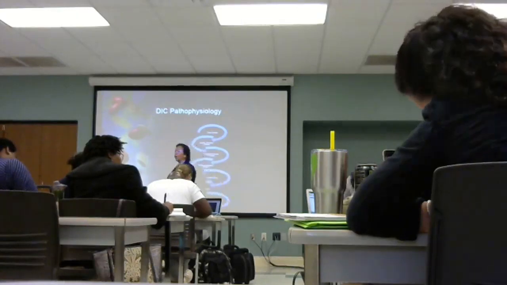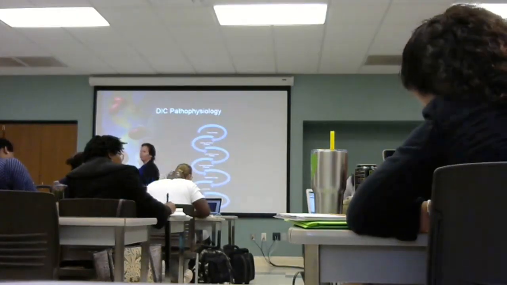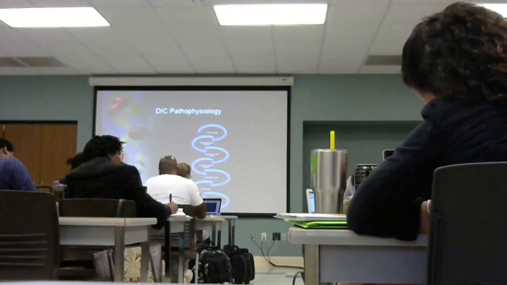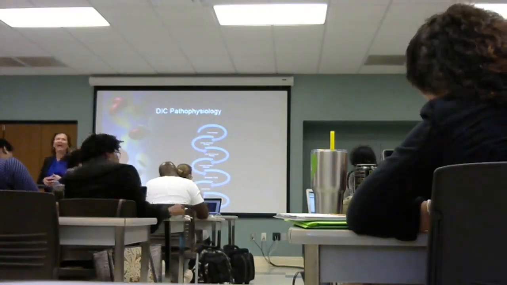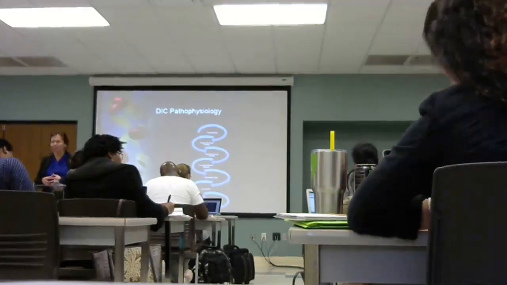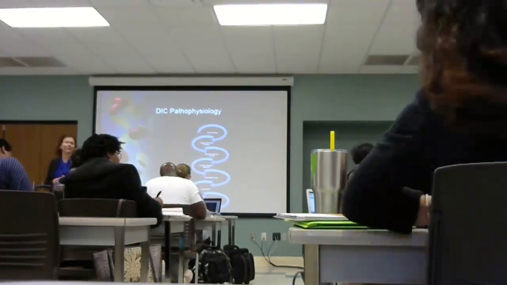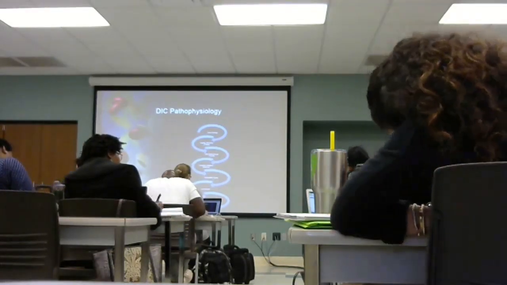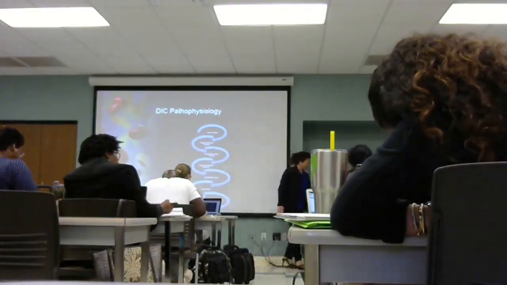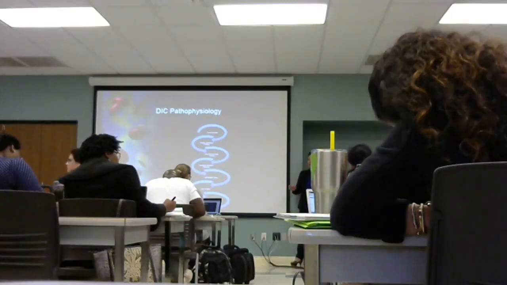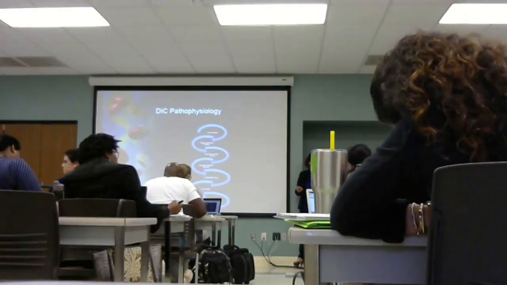If on one of your patients you measure PTT, PT, INR, platelets, and the fibrinogen is high or normal, you have already ruled out disseminated intravascular coagulation. So in other words, fibrinogen must be low.